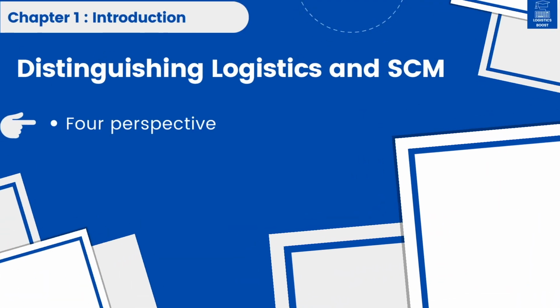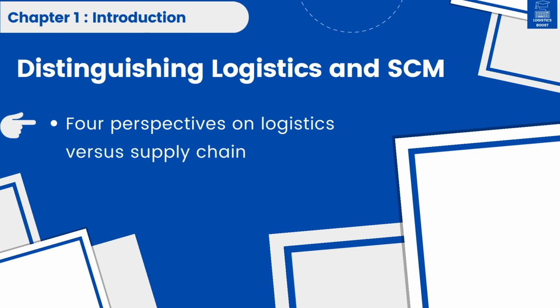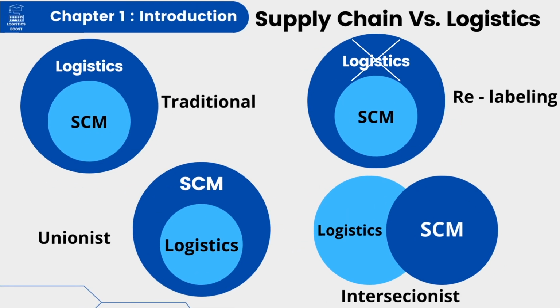successful supply chains. Now that logistics and supply chain management have been described, consideration must be given to the question of how these two terms differ. So, four perspectives on logistics versus supply chain management have emerged. Supply chain management is considered a category of logistics by traditionalists, as if it were a logistics add-on.